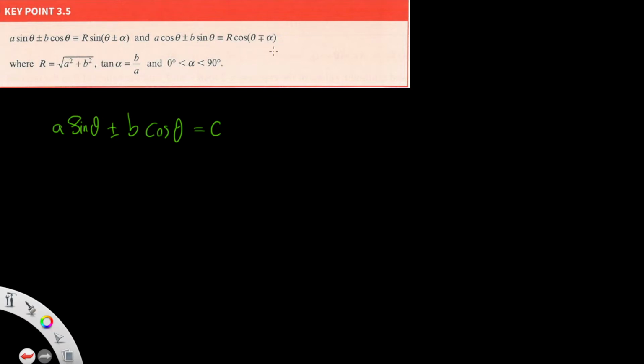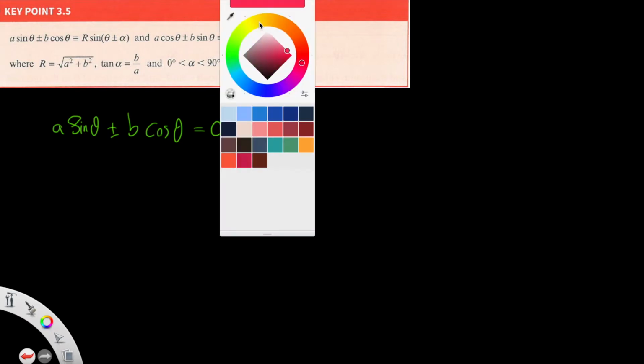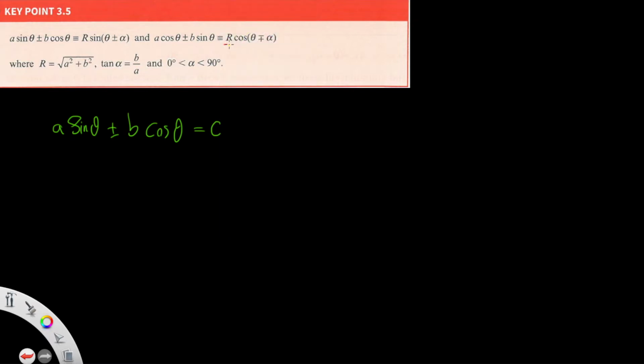A and b will be given in the question, so you are supposed to find r. These are the parameters to be found, one r and one alpha, to replace these two expressions when you see them in your trigonometric equations. Now let's see some examples.